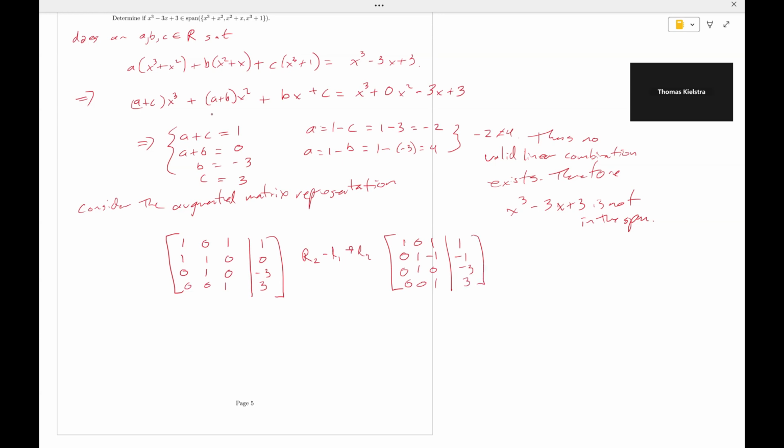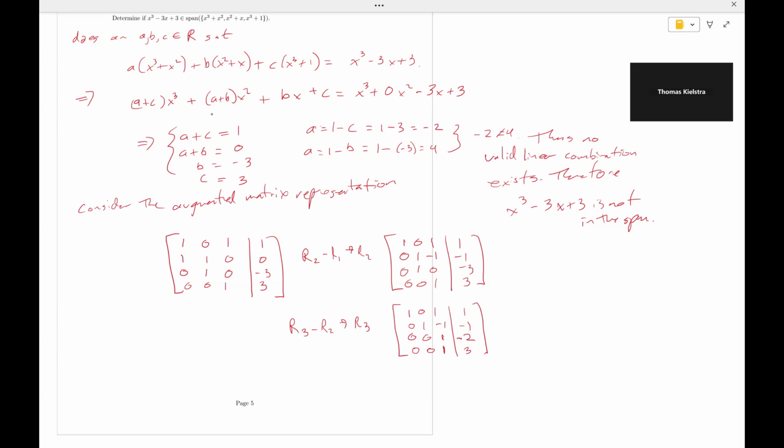And now we take R3 minus R2, replaces R3, gives 1, 0, 1, 1; 0, 1, minus 1, minus 1; 0, 0, 1, 2; minus 2, 0, 0, 1, 3. And we can see that we have an issue here.